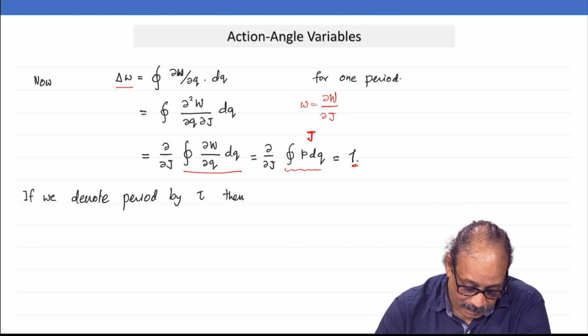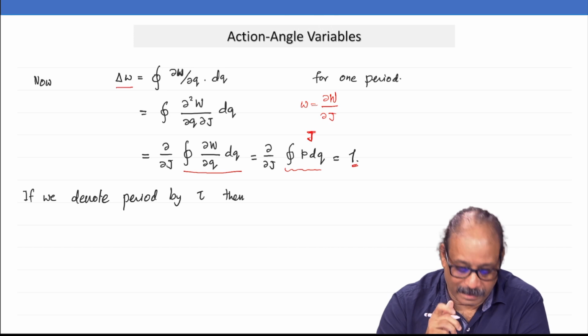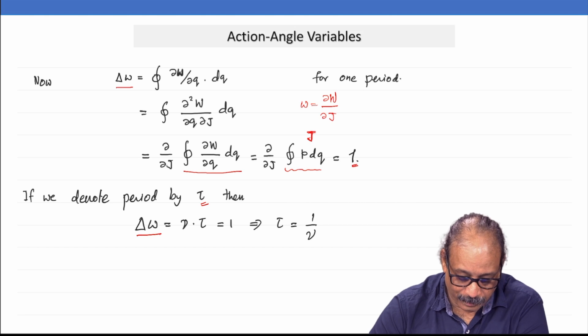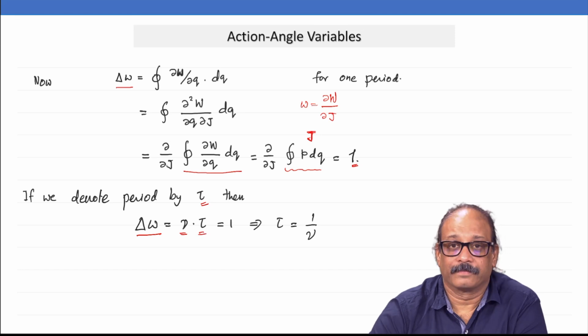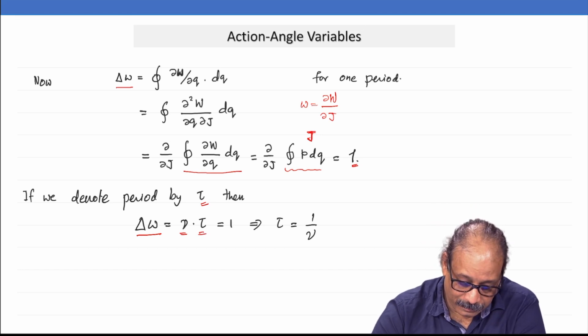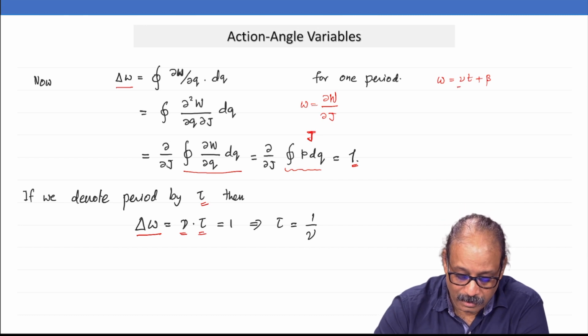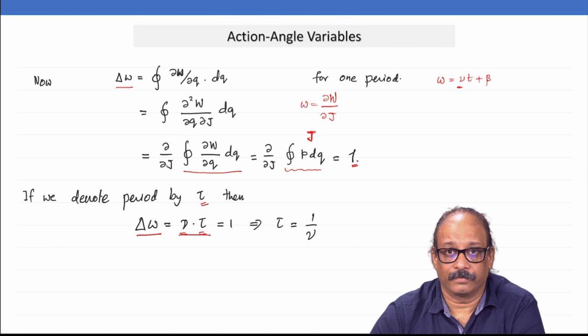Now, if I denote the time period of one cycle by tau, then very simply the change in omega is nothing but, remember, nu times tau. Remember the equation for W is nu t plus some constant beta, but beta of course will go away when you take the change in W, and this would be nu times t, and then you get tau, which is 1 over nu.